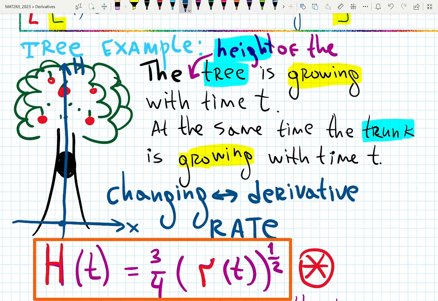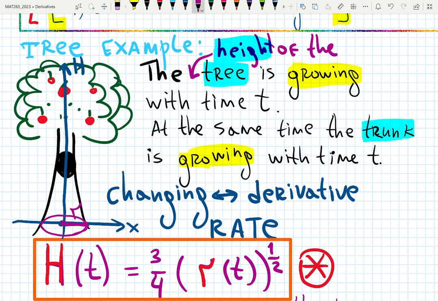So x in this case is my radius, in centimeters or inches. Height is also in centimeters or inches, I don't care in this case. So we're talking about this trunk and the radius of the trunk. The tree is growing in width and in height at the same time.